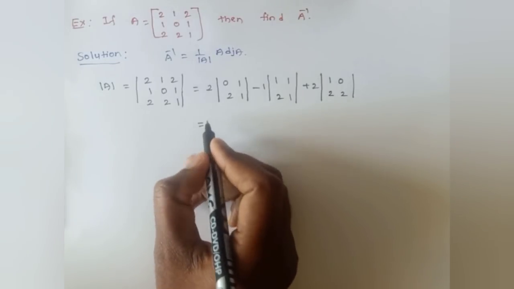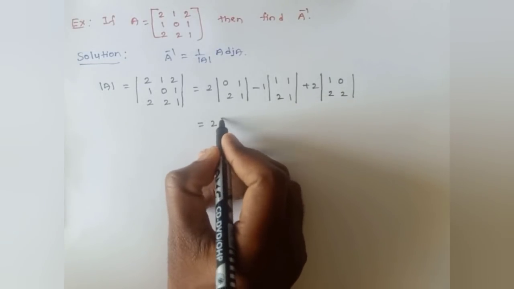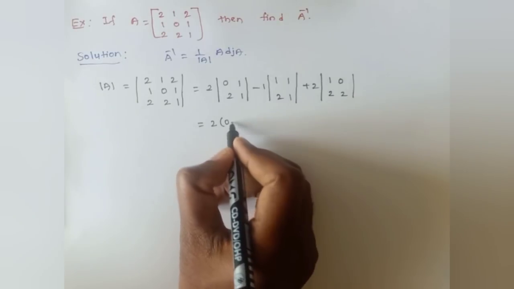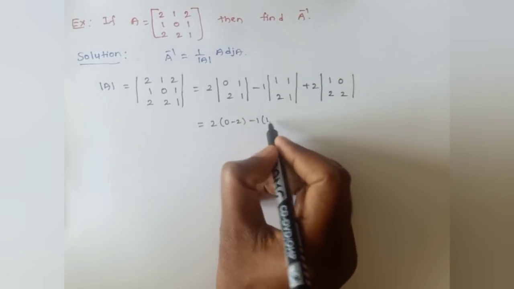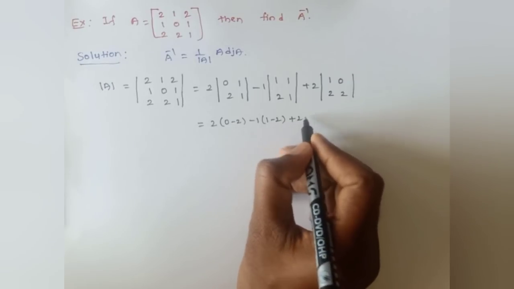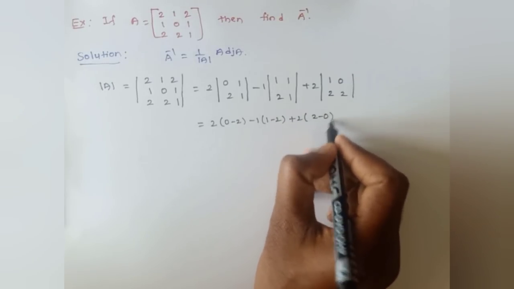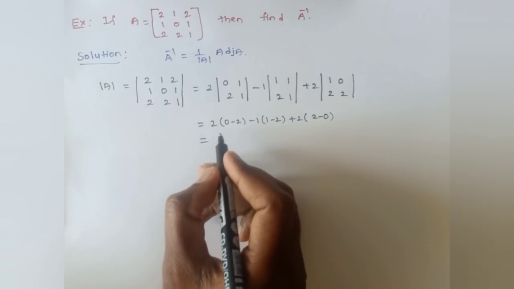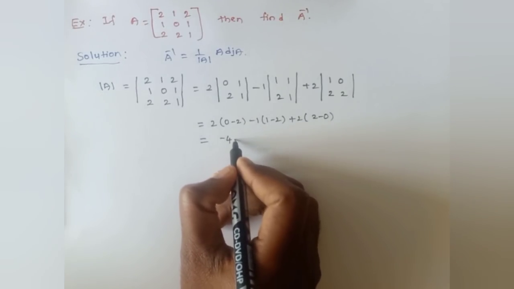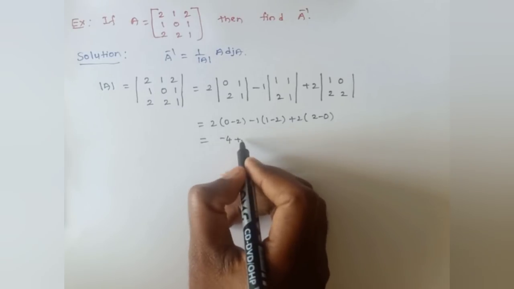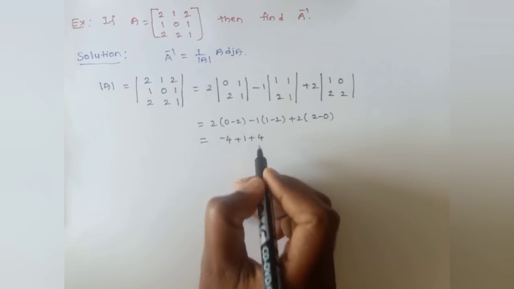Now this is 2 times of 0 into 1, so it is 0 minus 2, minus 1 times of 1 into 1, 1 minus 2, plus 2 times of 2 minus 0, which is minus 4. Here it is plus 1, plus 4.